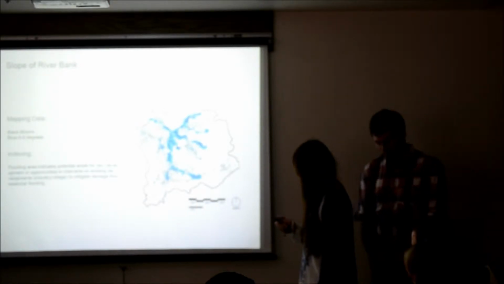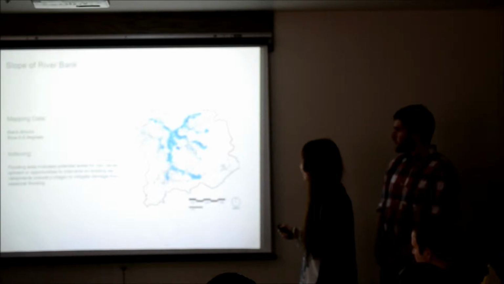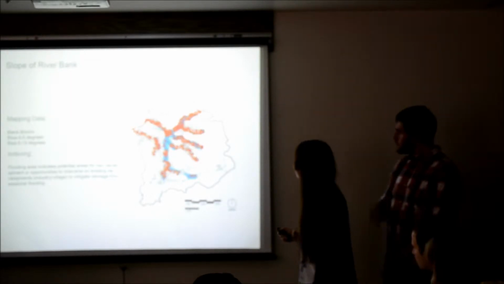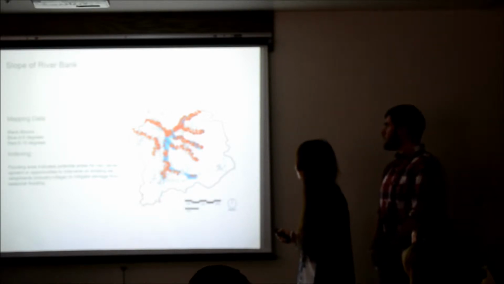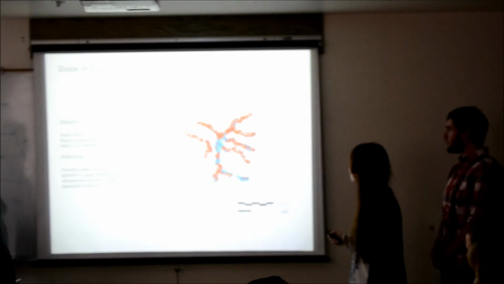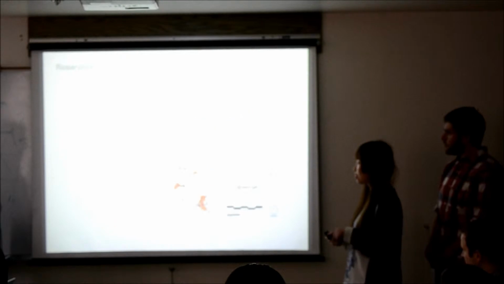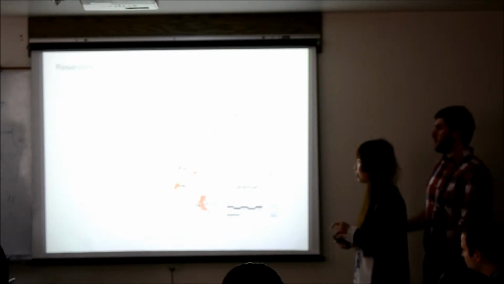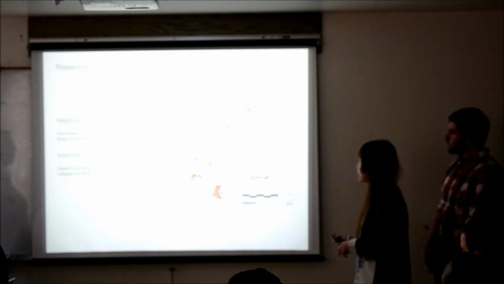And these are the slopes below 5 degrees, and the red ones are the slopes from 5 degrees to 15 degrees. You can see here are more flat compared to those areas. So here the water is easier to condense together.